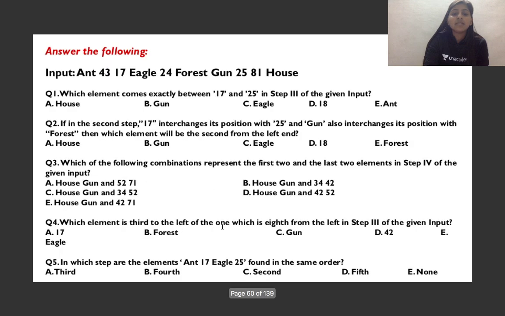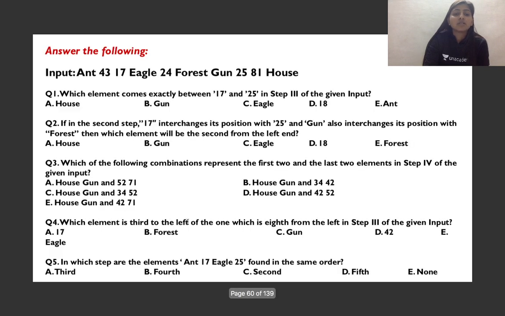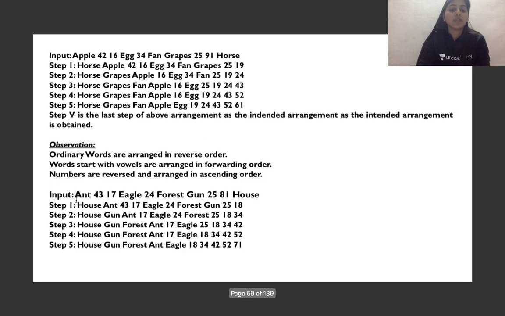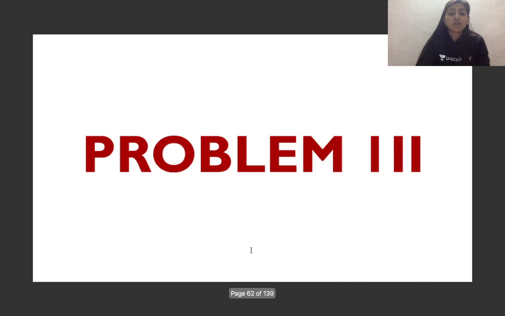It's 18. Third to the left of 18 is 1, 2, 3. It's 17. Answer is option A. Question 5. In which step are the elements 17 equal 25 found in the same order? It's in step 3, third step, option A.